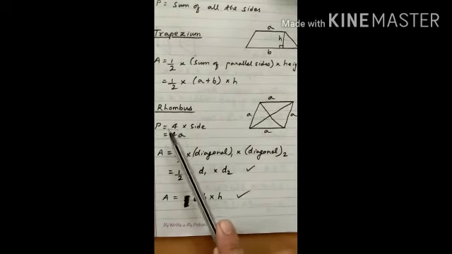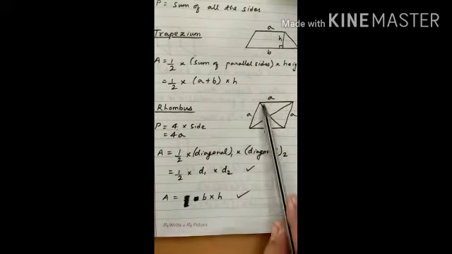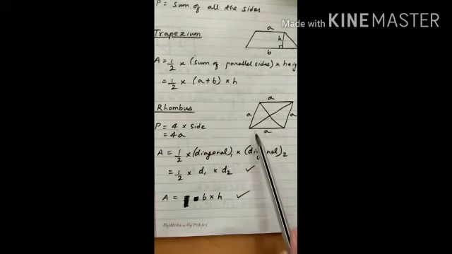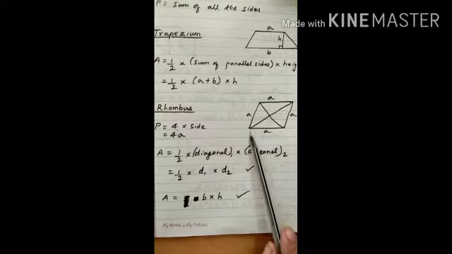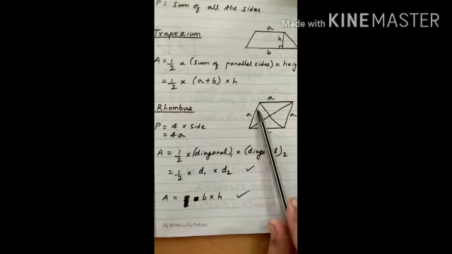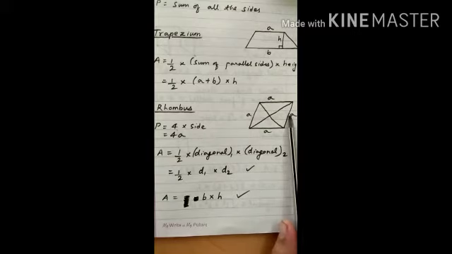Next is a rhombus. A rhombus has all four sides equal to each other, but its vertex angles are not 90 degree each as in a square. In a square the vertex angles are 90 degree, but here the opposite sides are equal and parallel to each other.